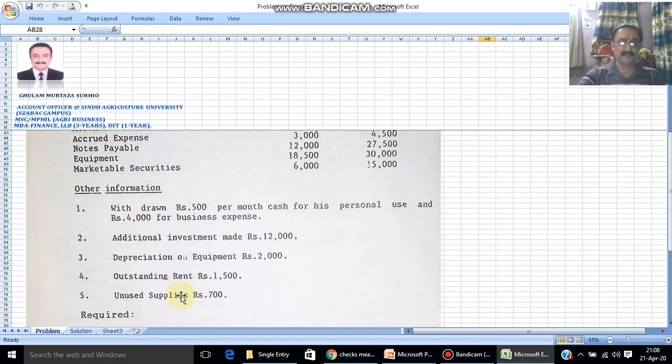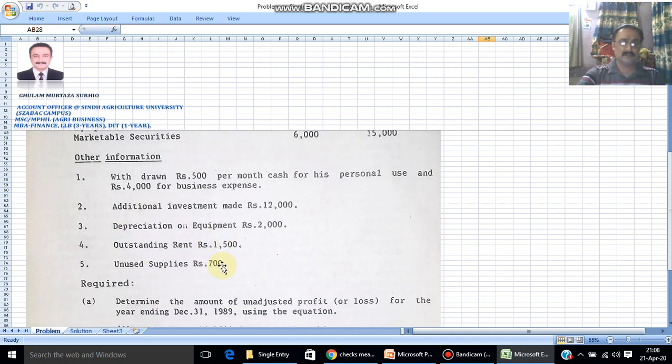And other information is that some adjustments are also there. Withdrawn rupees 500 per month cash for his personal use and rupees 4000 for business expense. Additional investment, depreciation on equipment, outstanding rent, unused supplies.